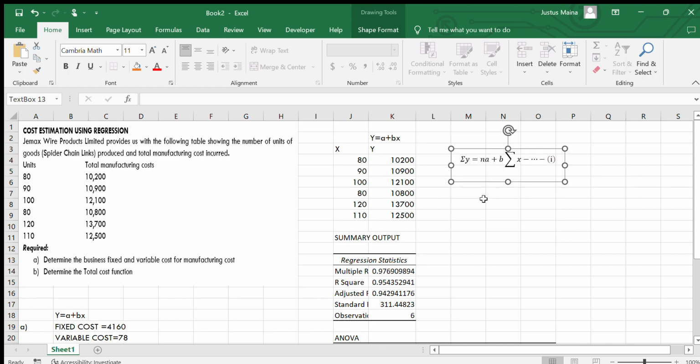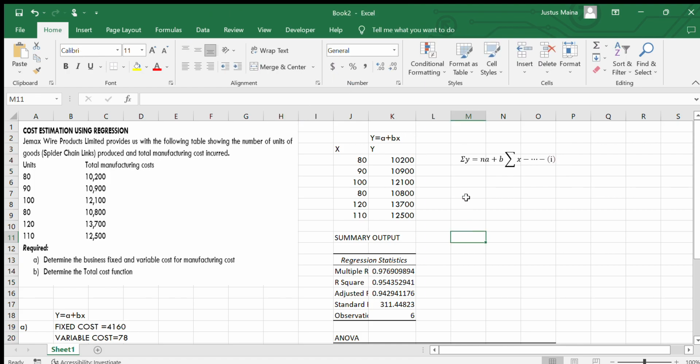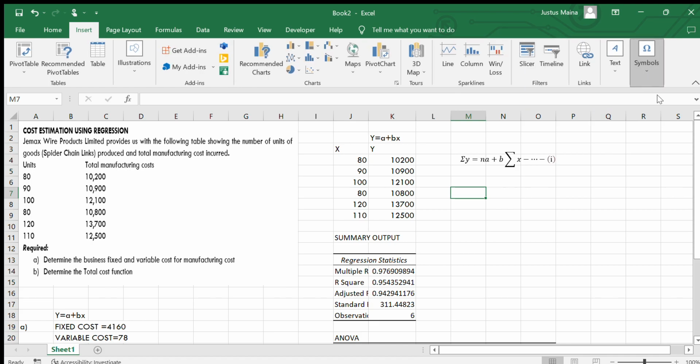But we require equation 2, and to insert equation 2 we follow the insert part and go to equation. We say that summation of xy is equal to, no, we have to erase that, so clear.